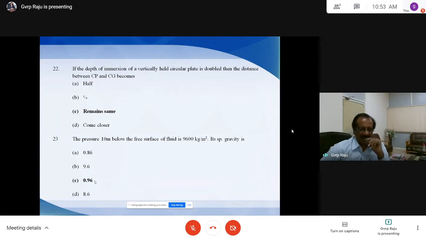Only mercury is 13.6, whereas it is less than 1. So we have obtained the specific weight of the fluid is 960 kg per meter cube, so definitely the specific gravity is 0.96.